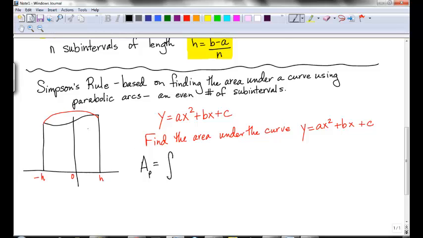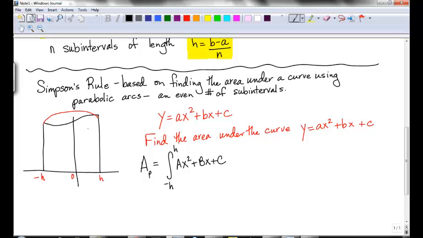It's the definite integral of, and I'm going to switch this to uppercase A, B, and C so my B doesn't look like a 6. So it's Ax squared plus Bx plus C, and we're going to go from negative h to h.